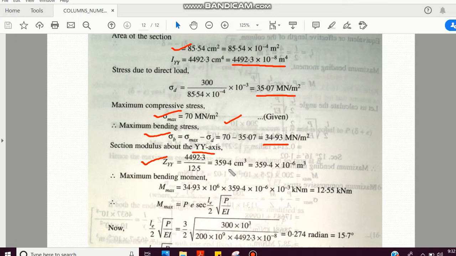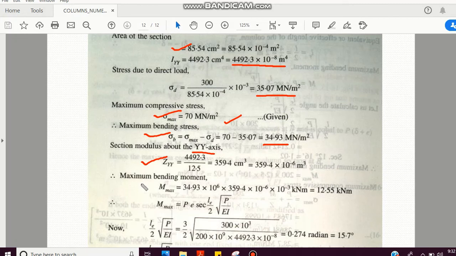So the section modulus about the y axis is 359.4 centimeter cube, which equals 359.4 into 10 to the power minus 6 meter cube.